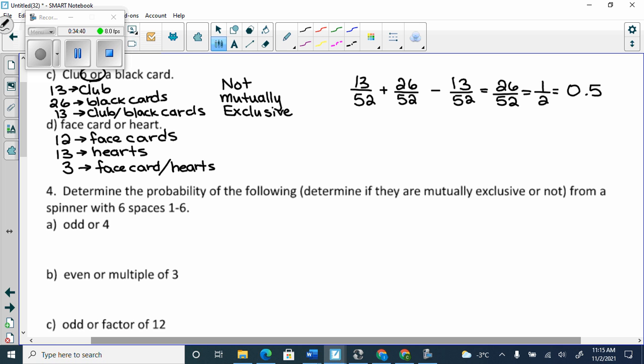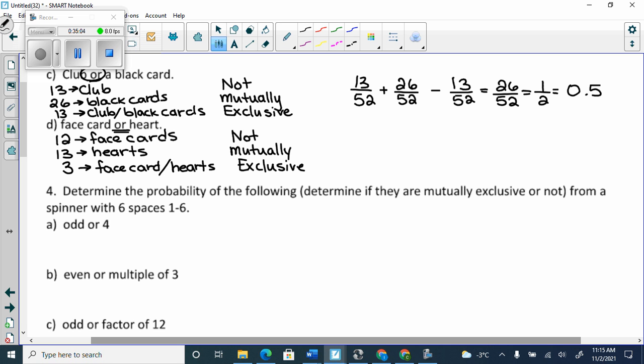Yes? So it's not mutually exclusive. And how do we know to check for that? The word or. See that word or in it? The word or. So what do we do when it's overlapped?